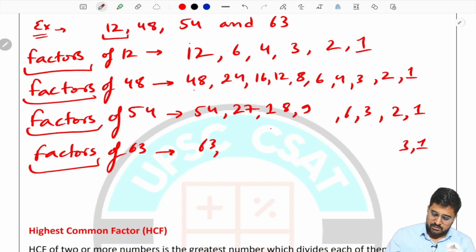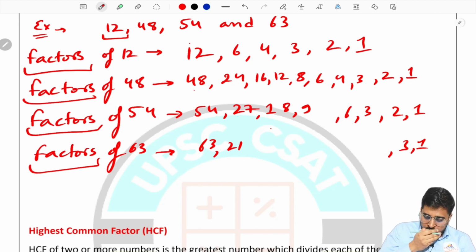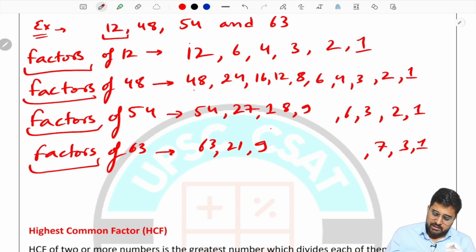Yes, 3 is possible, 21. Now 4 is not possible, 5 is not possible, 6 is not possible. 7 is possible, yes. 8 is not possible. 9 is there only. So the factors are these only.